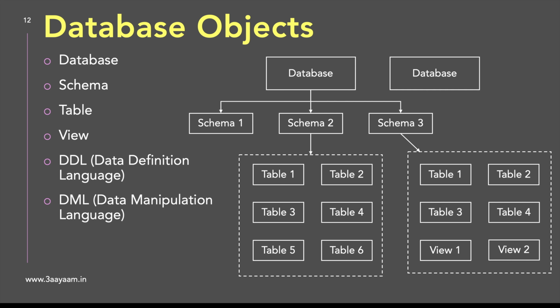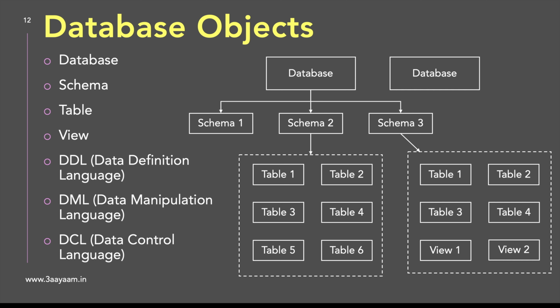Another form of SQL statement is DML or data manipulation language. Using DML statements, what we do is that we fetch records, we insert records, we update records, and we delete records. These are called data manipulation language.